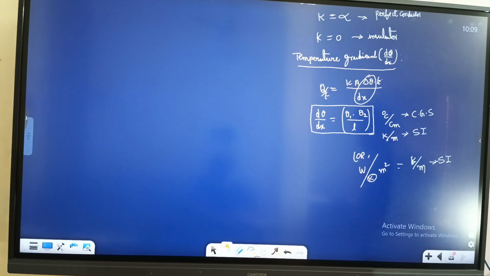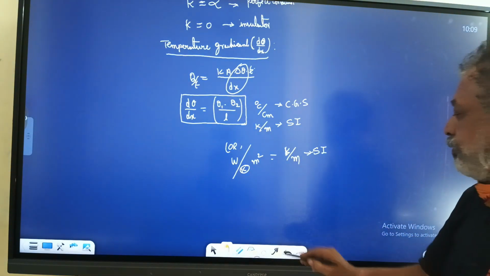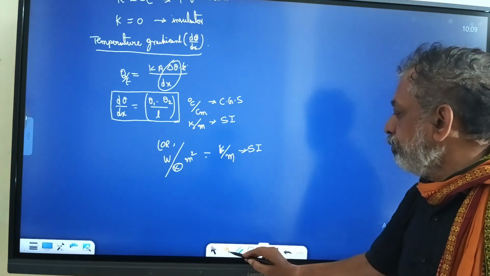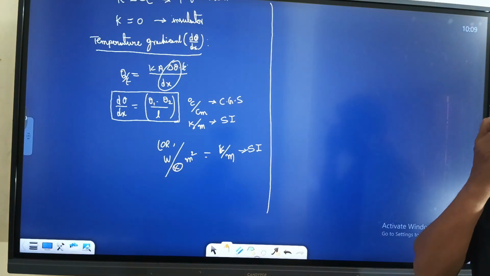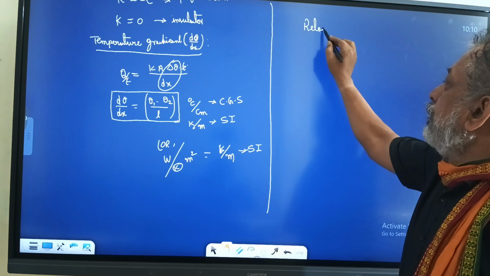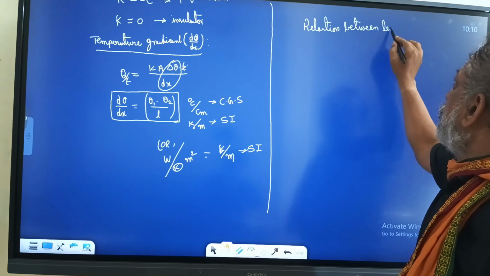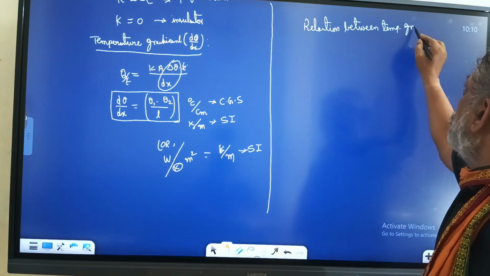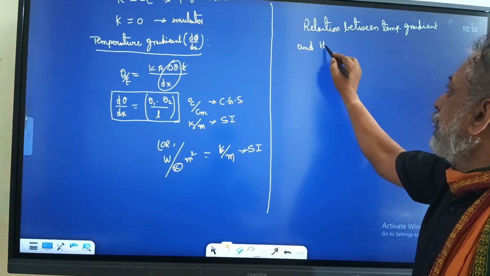Next, write please. Now, the relation between temperature gradient and thermal conductivity.